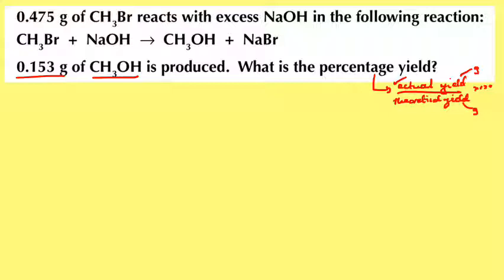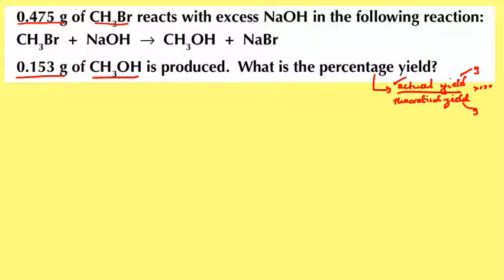What you have been given is the mass of the reactant that you started with. You started with a certain number of grams of bromomethane, and that's what you're going to make your methanol with. So you're going to have to find out your theoretical yield, the maximum amount of methanol that you're going to get from 0.475 grams of bromomethane.